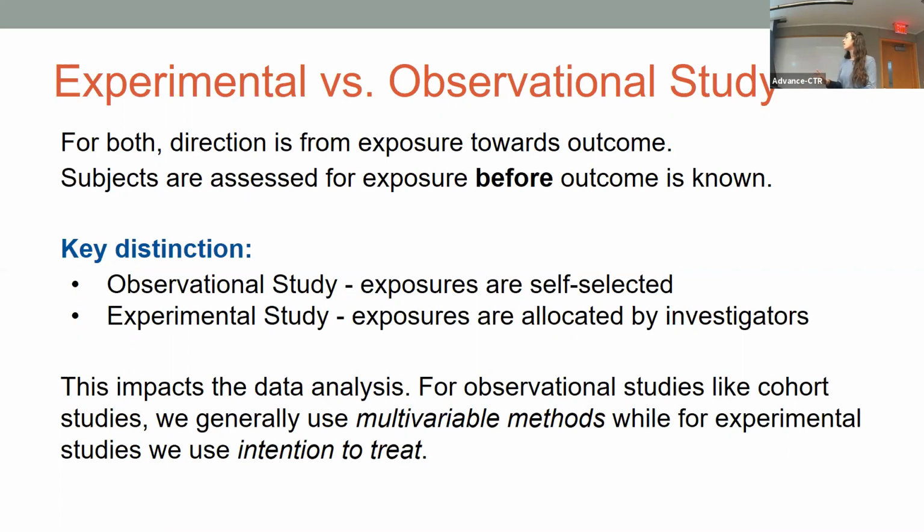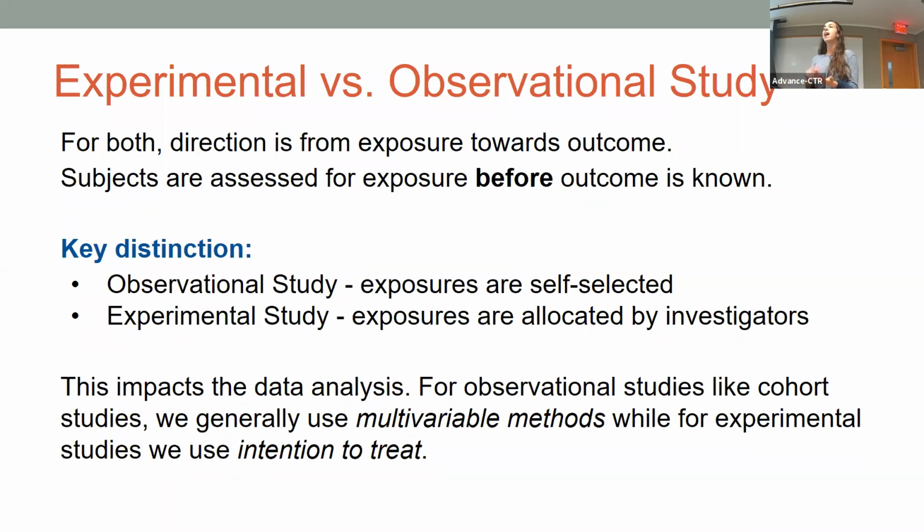The reason why the data analysis is impacted is because when individuals are self-selecting whether they're exposed or not exposed, it's very, very likely that there are reasons behind those choices. And so it's necessary to adjust for those differences when wanting to calculate some association of interest.